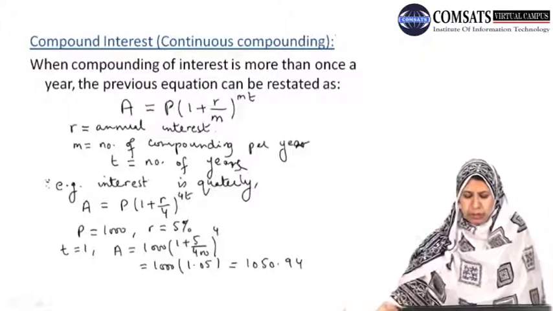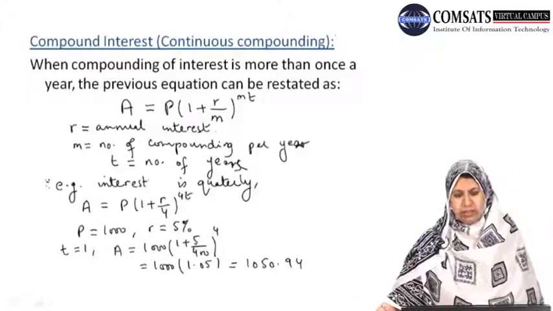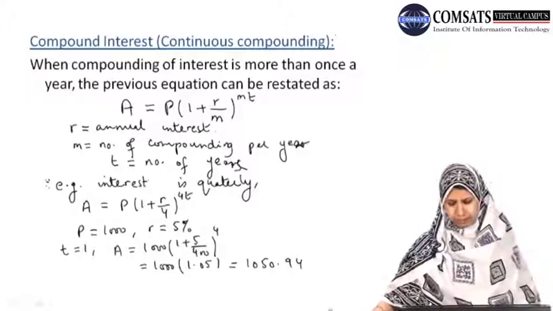So this is the formula of compounding when the interest is more than once a year.